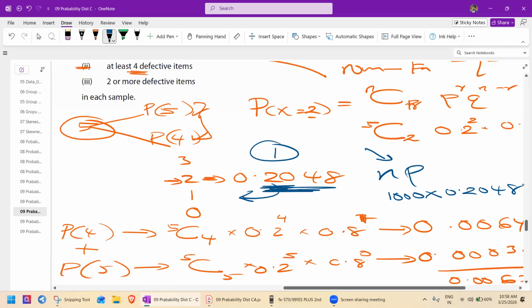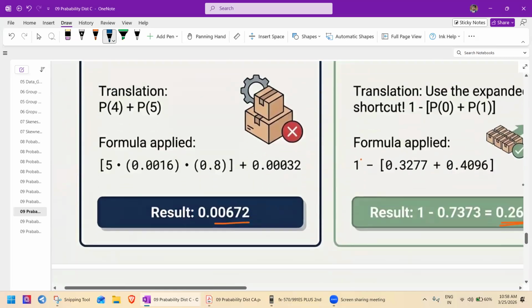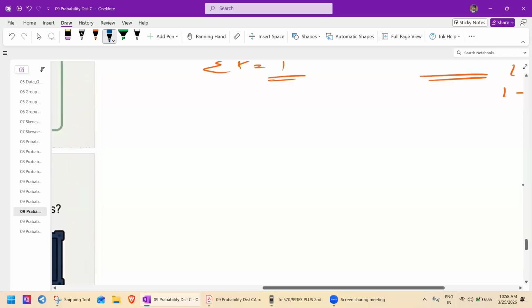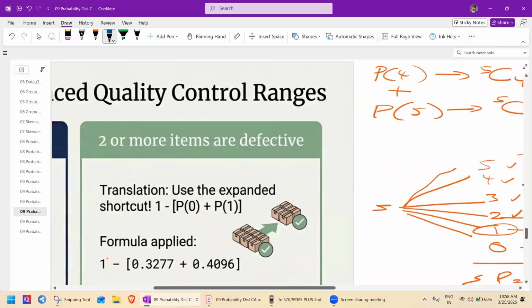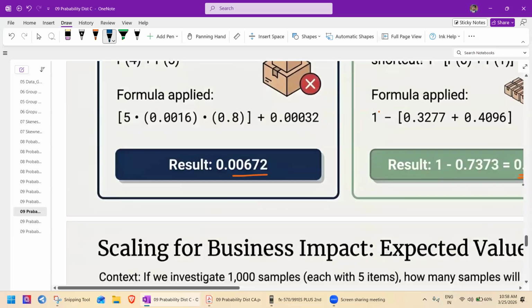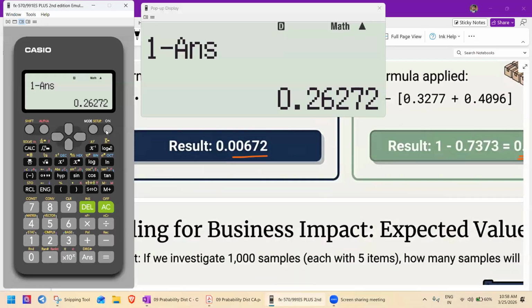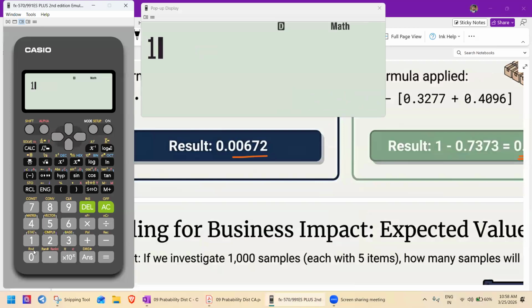Altogether, 1,000 into 0.2048, about 205 times.